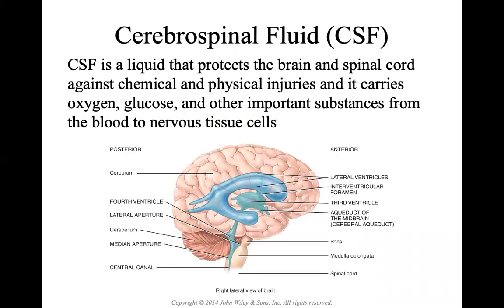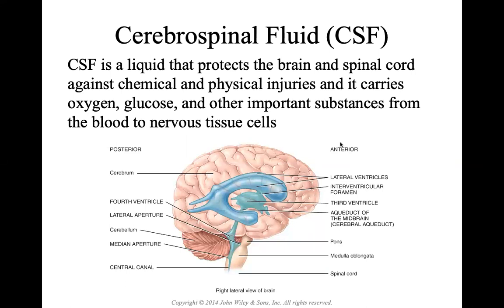This is a nice picture of the brain from the lateral view, and the blue structure in the center right here, that is the ventricles. And remember, the ventricles are the chambers. That's what ventricle means. It really means chamber.